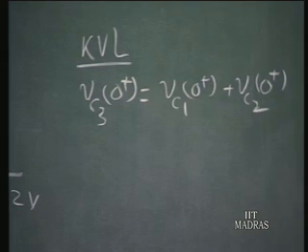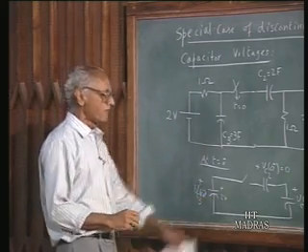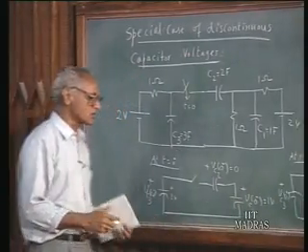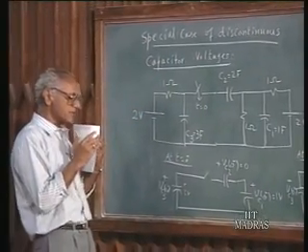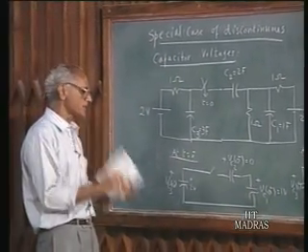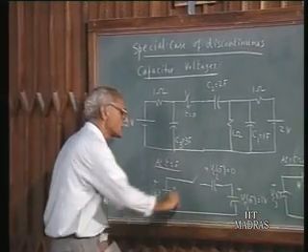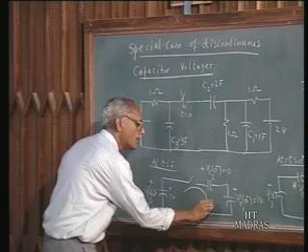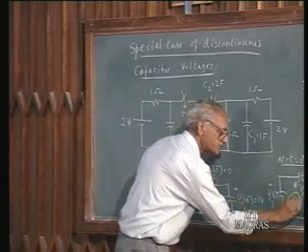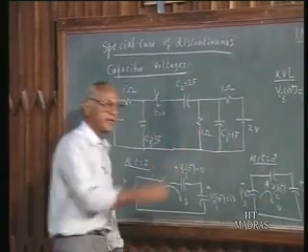But Vc3 0 minus is 2 volts, and Vc3 0 plus may not be 2 volts. So there must be some initial instantaneous change of capacitor voltage. That means in the process between t equals 0 minus to 0 plus, a charge q must flow through these 3 capacitors.